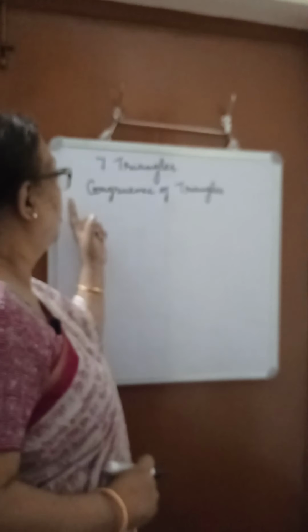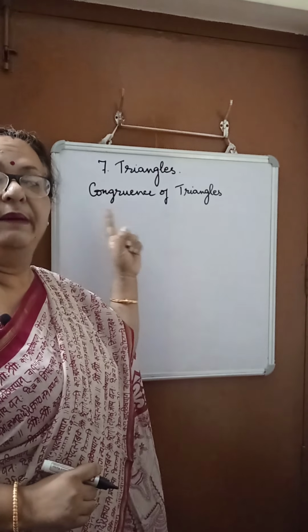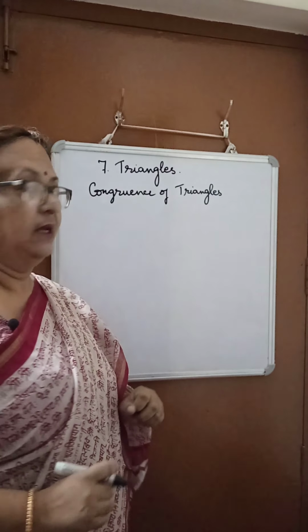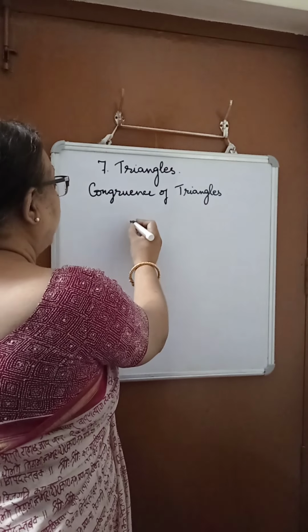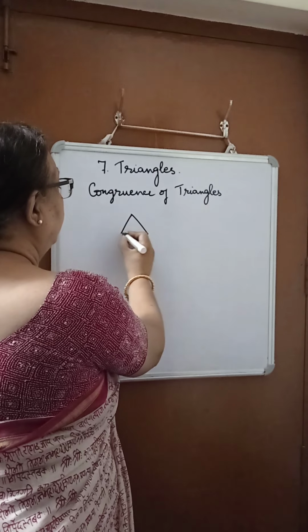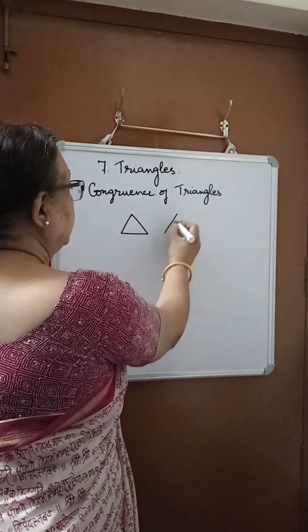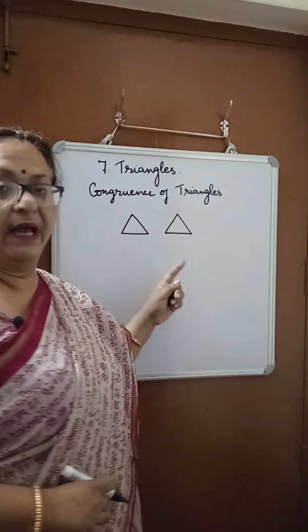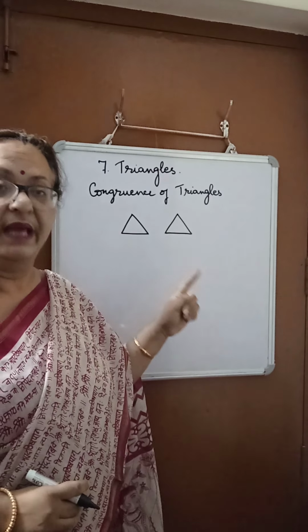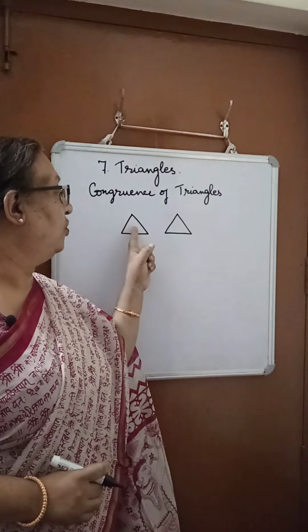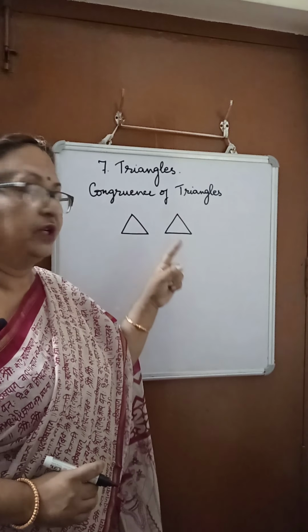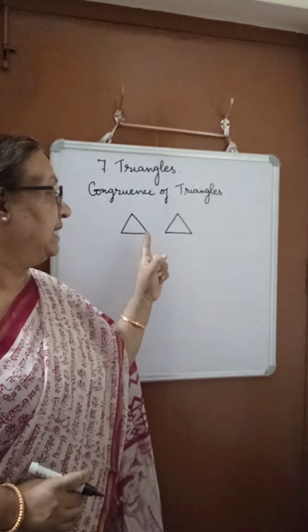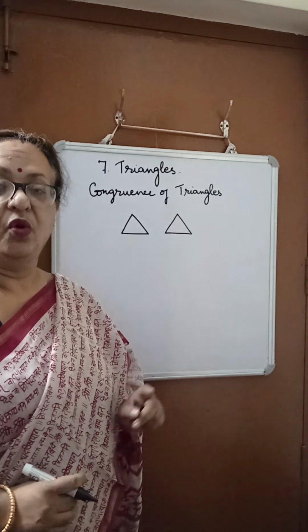Now this congruence, what do we mean by this word congruence or congruent triangles? Suppose you have two triangles. If they are such that when you place one over the other, it just covers the first triangle, then we say these two triangles are congruent.